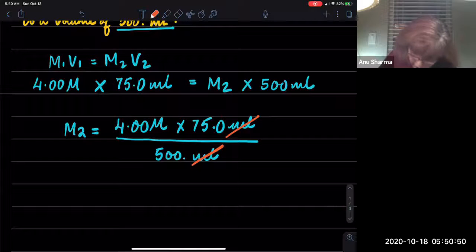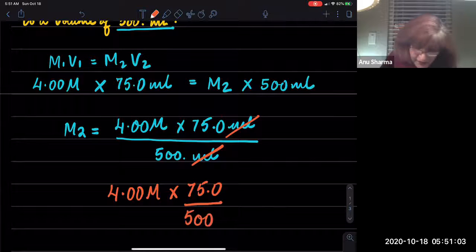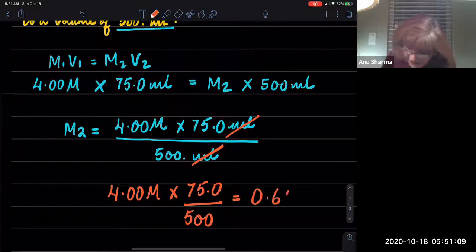So 4.00 molar times 75.0 over 500, and when you do the computation, you get 0.600 molar.